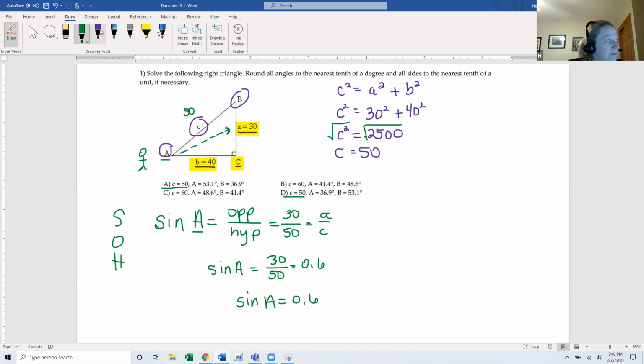Now, here's the hard part. We jumped right into the deep end. I want to solve for angle A, right? To do that, I have to break apart sine from the angle A. Here's my toolbox.